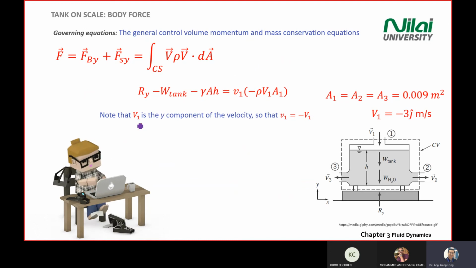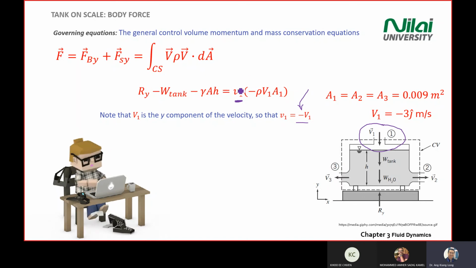Okay, then we substitute the relevant parameters there. You know that the velocity at y component is equal to negative v1. This is the area where students make mistakes, where they forget to put in the negative there. They always assume all the values must be positive. No, you have to refer to what happened at the area of interest there.